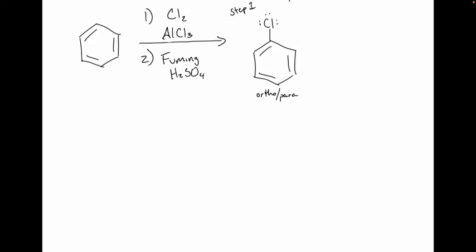Meaning whatever I add next is going to be added to the ortho and the para positions. All right, so I could pick either one of these two or this bottom one here, right? So I'm going to have to draw both the ortho and the para product. I didn't leave myself much room. Just put them down here.